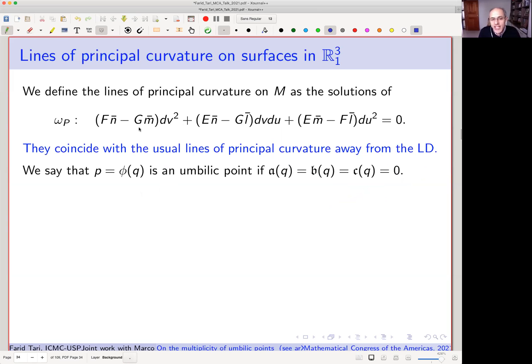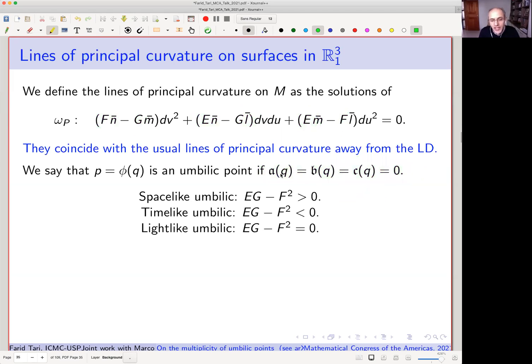Then this allows us to define umbilic points. We say that a point is an umbilic if these coefficients of the extended lines of principal curvature are 0.